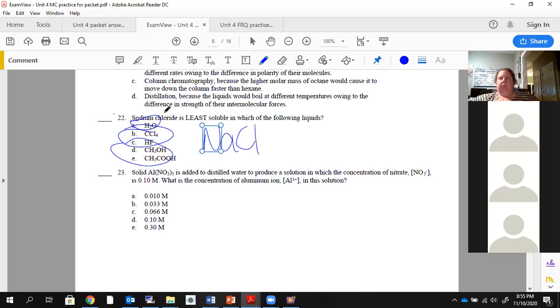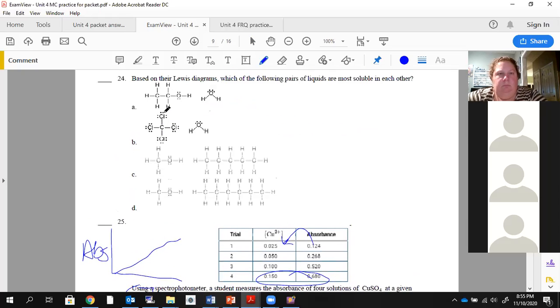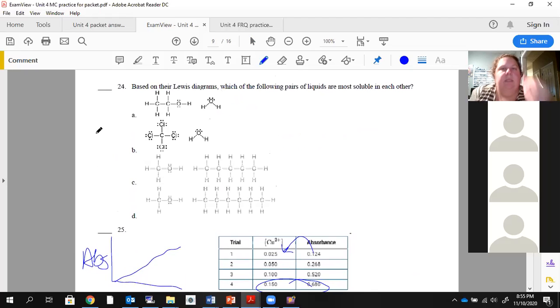I don't know if we already went over this, but on number 24 on the multiple choice, why is it A and not B? So A is showing two things that have hydrogen bonding available to them.